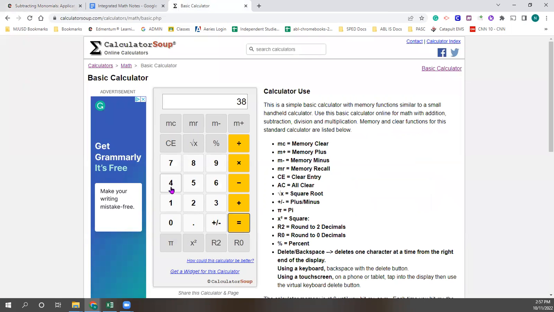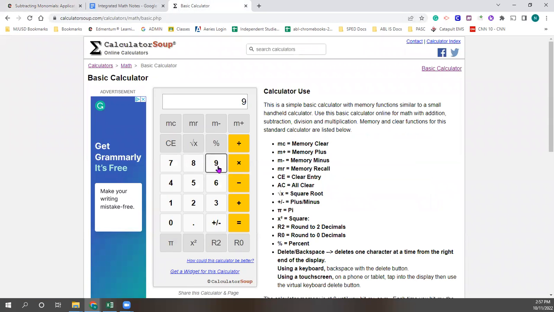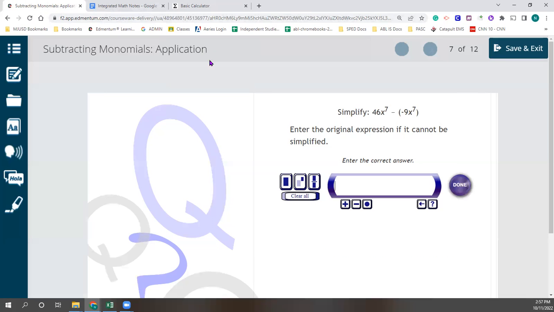I'm just going to do it. 46 minus negative 9 equals 55. Okay, I was right.